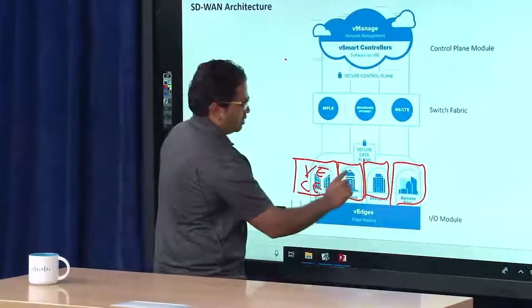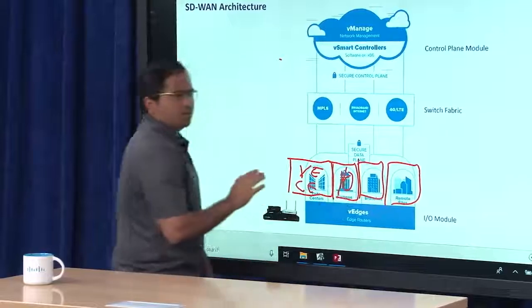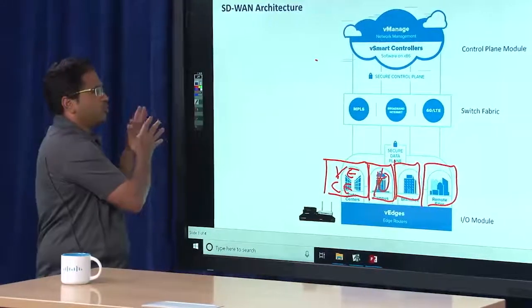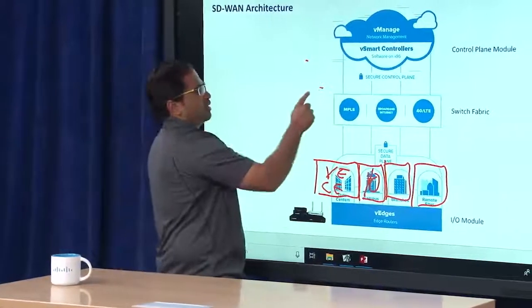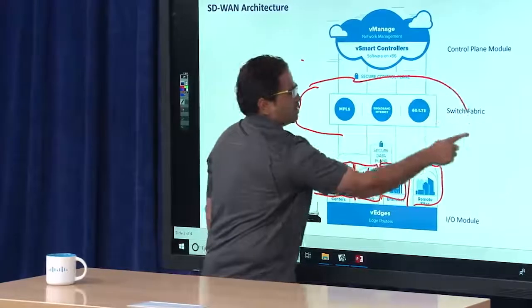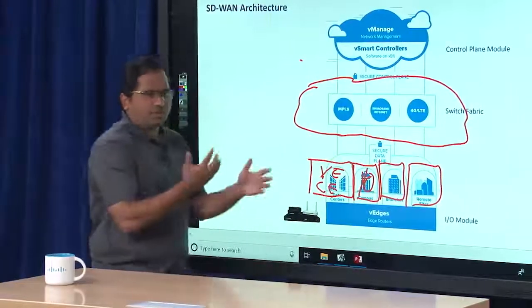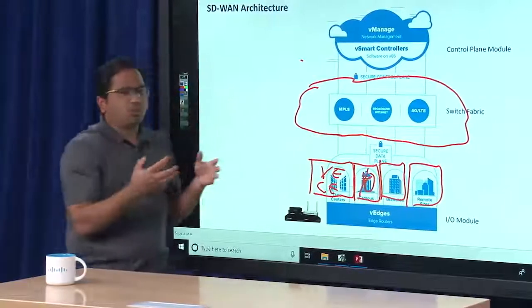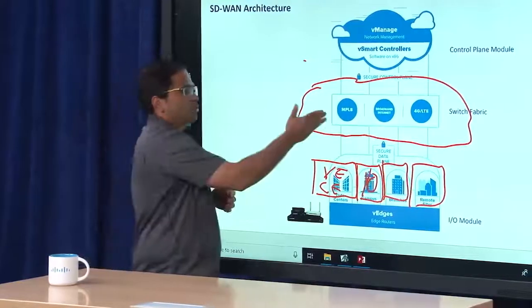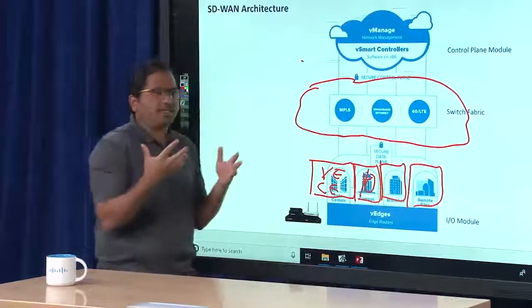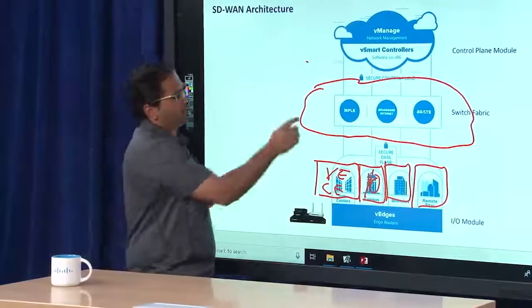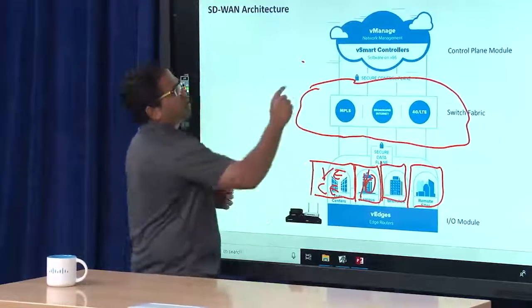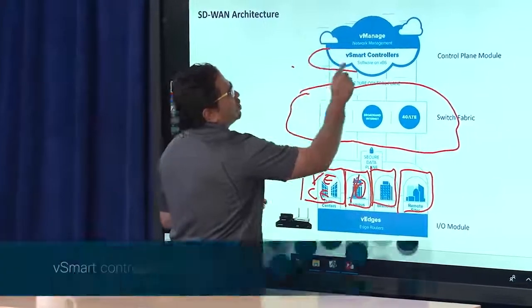So this is essentially the I/O modules that we saw in the previous architecture. The internet, like David, you had asked, the switch fabric itself is agnostic to what technology you're using. You could use MPLS, broadband, LTE. It doesn't really matter as long as the I/O can now talk to the CPU.